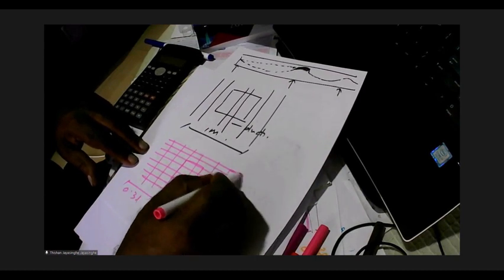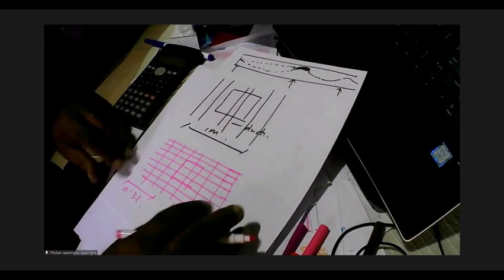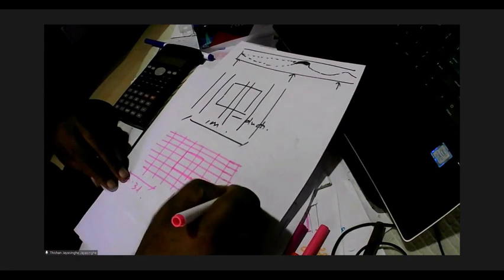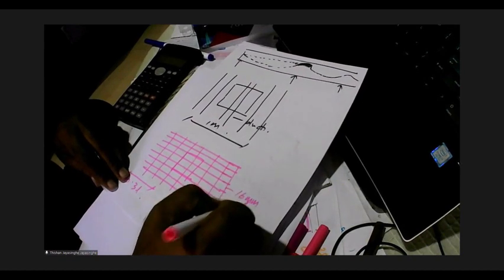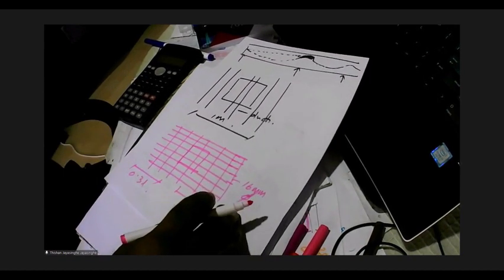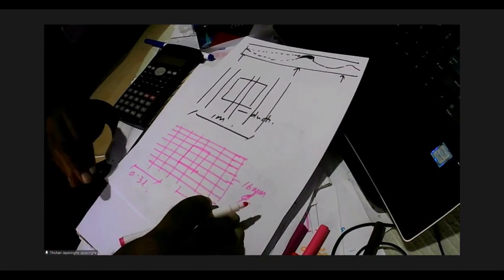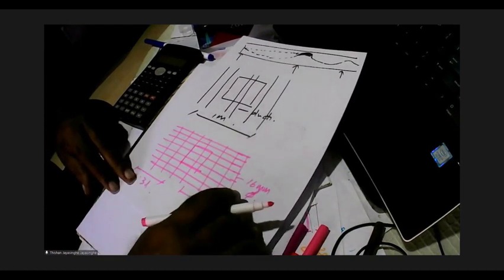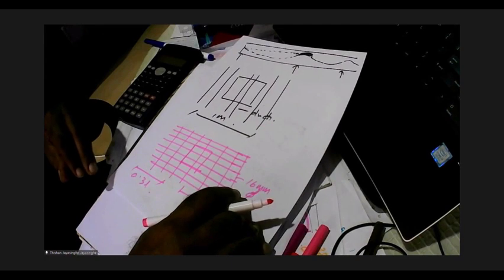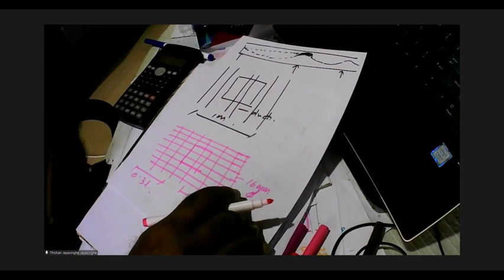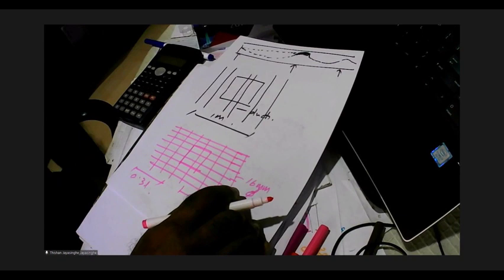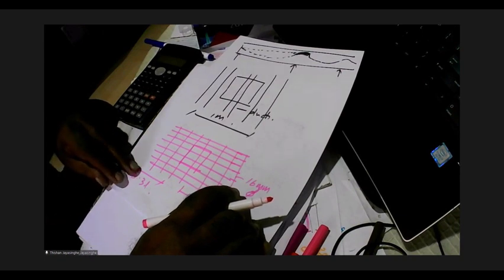And we provide some 16 millimeter bars generally over 0.3 meters. So what are the advantages of providing bars like this? It can increase the shear capacity of the slab.